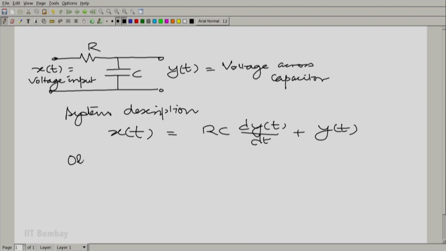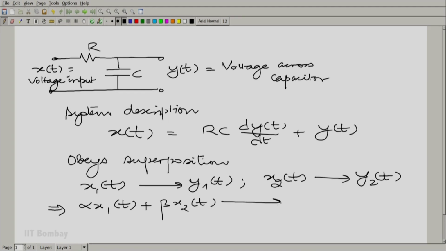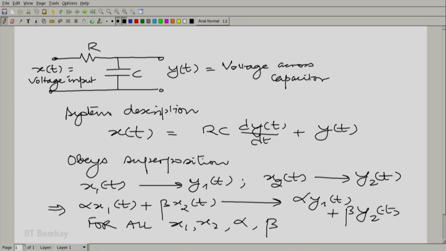We had reasoned that the system obeys the principle of superposition, meaning that x1(t) resulting in y1(t) and x2(t) resulting in y2(t) implies that alpha x1(t) plus beta x2(t) results in alpha y1(t) plus beta y2(t) for all possible x1, x2, alpha and beta.